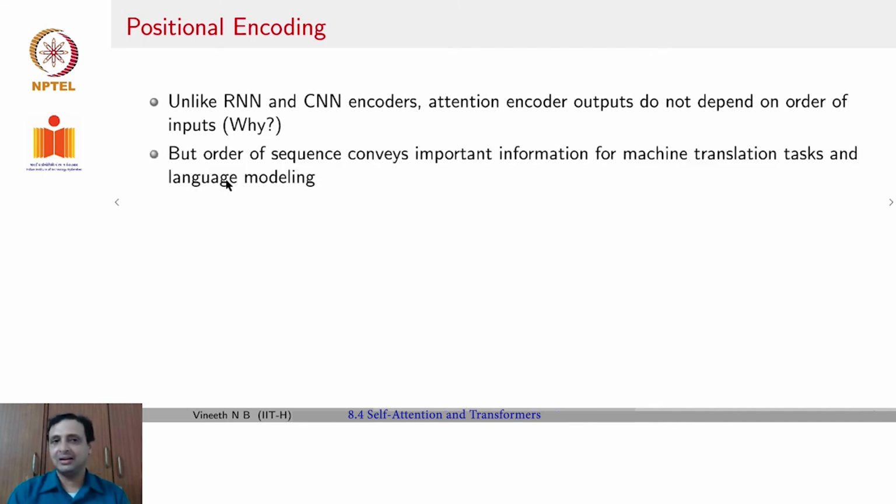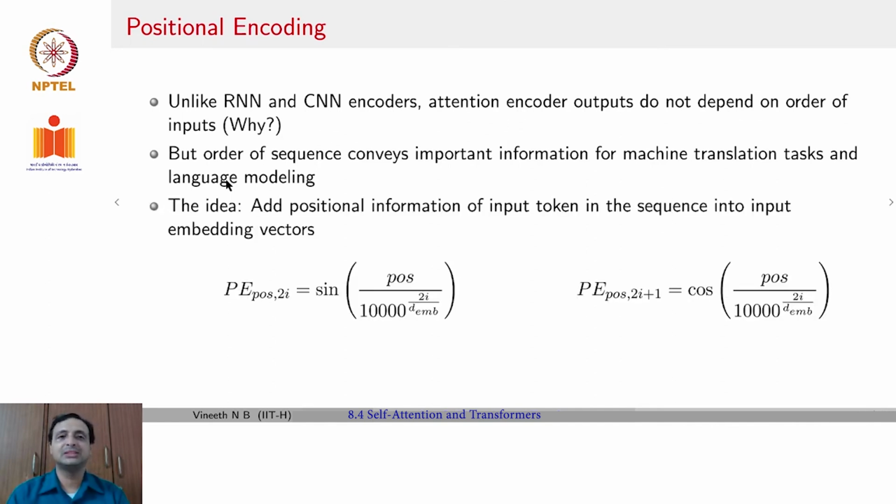Having said that, it still is important which position a particular word is in a sentence to make meaning out of it. So how do we bring that value into a self-attention model? That is done in transformers using an approach known as positional encoding. The position of a word in a sequence is given as a separate input along with the X embedding.